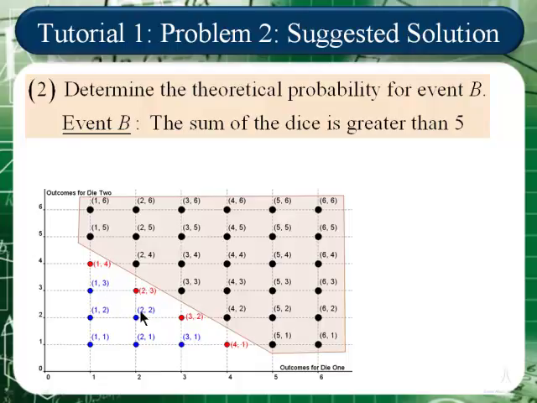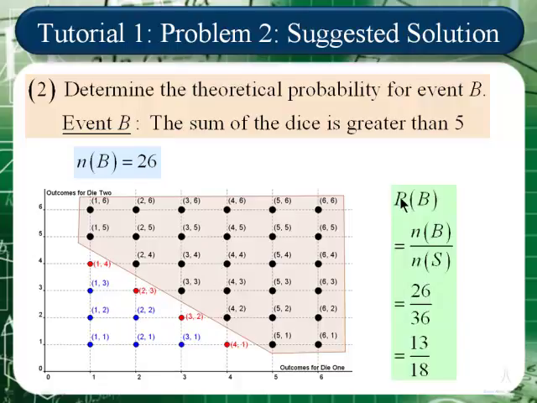So 4 plus 3 is 7 plus another 3 is 10. So therefore there will be 26 outcomes in event B, and therefore the probability of event B occurring is the cardinal number of B divided by the cardinal number of S. That is 26 over 36 or 13 over 18.